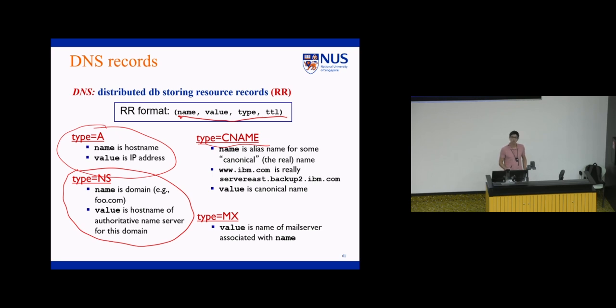So it doesn't matter which one you enter in the URL field of your browser, it doesn't matter which one you send your HTTP request, it will still be resolved to the same IP address. And the CNAME records record that information. And in the MX type resource records, it is pretty similar to type A, but it is for mail servers. So instead of a web server name, now it is a mail server name. That's the only difference.